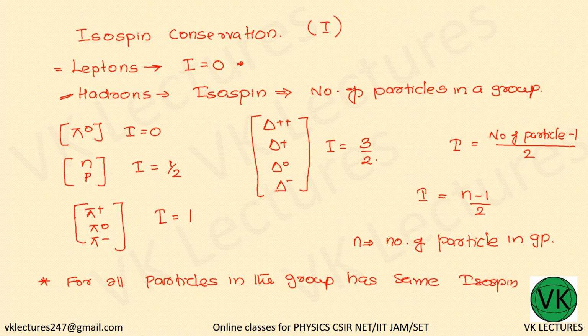For example, the neutron and proton have the isospin equal to half. Pi plus, pi naught and pi minus have isospin equal to 1. And delta double plus, delta naught and delta minus, all the four particles in this group have isospin equal to 3 by 2.